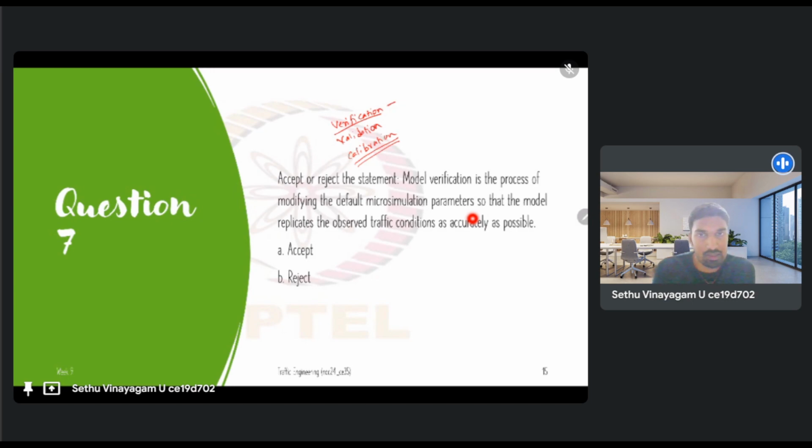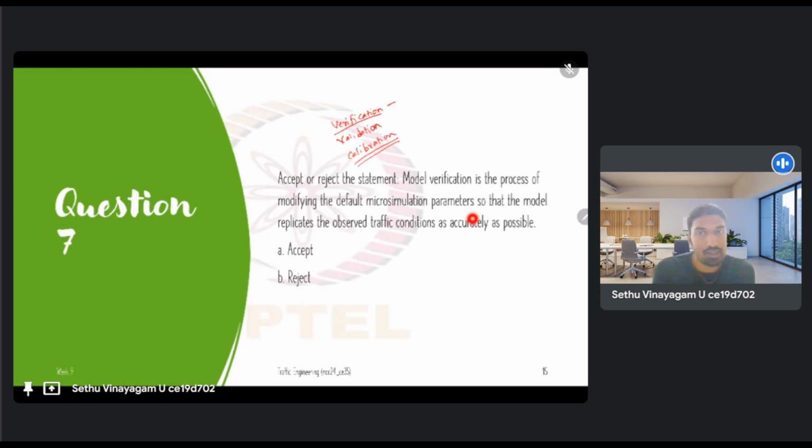If I change one particular parameter value, for example the sensitivity, then the different measures that I calculate, for example the deceleration profile, or the delays, or the space headways that are maintained, will change. And then we see which set of values will give me a close replication of what I see in the field, and try to find that set of parameters that gives me the best fit. Okay, so that is the calibration step.